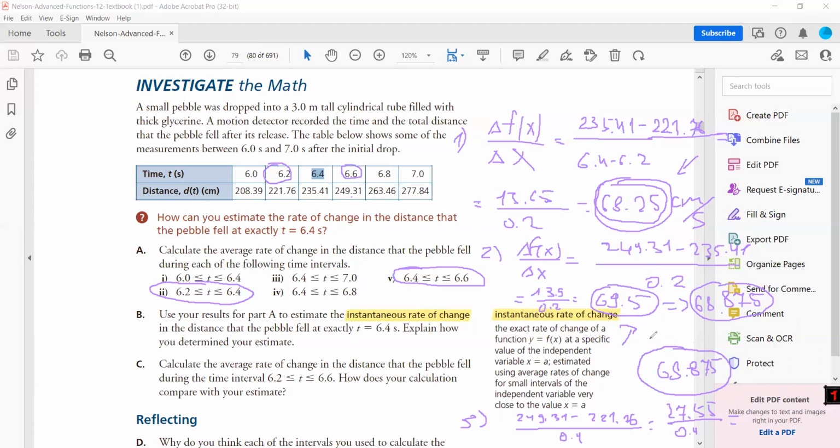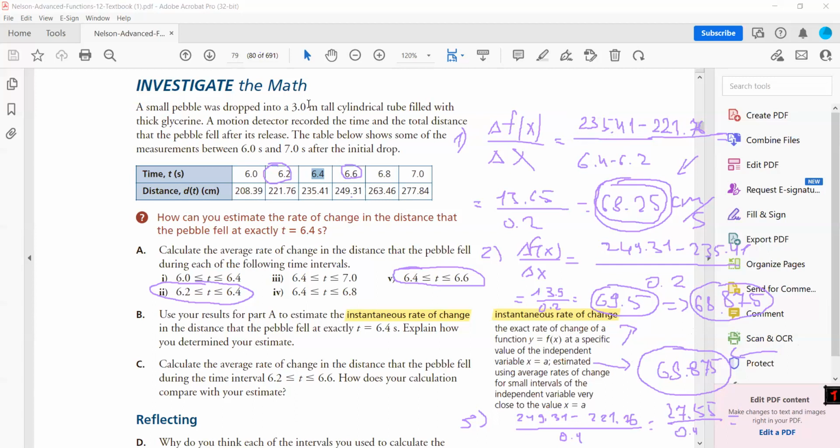So for the interval where we're interested in the instantaneous rate of change between other two values, we could also estimate it in that way. So great. Nice intuitive example.